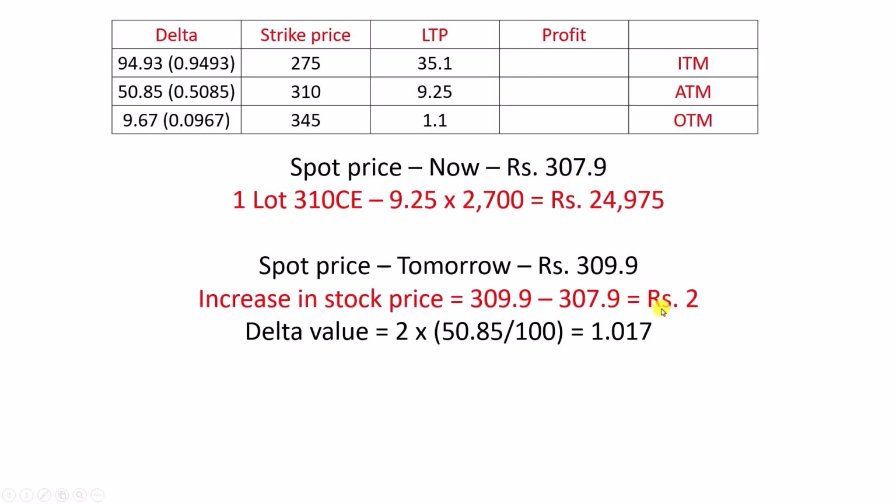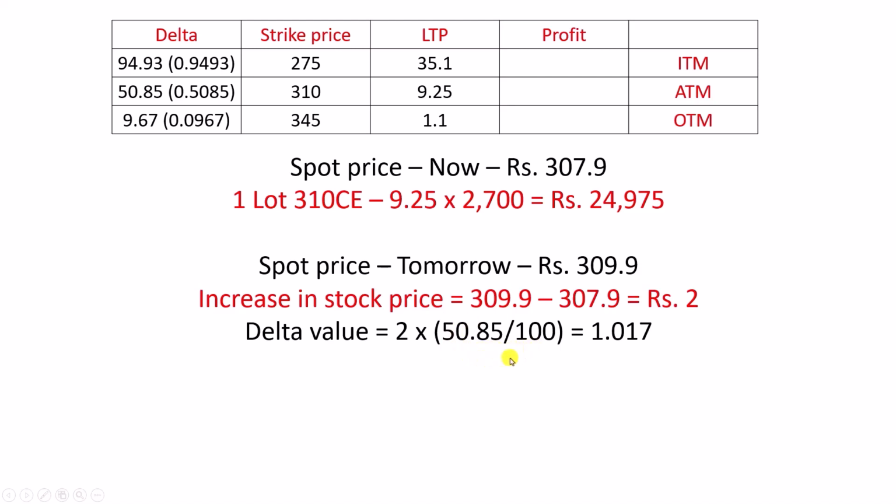But in this case, it has moved by 2 rupees. So 2 into this value divided by 100. Why did I do this? I am converting this into decimal, that's all. This is for 100 points, and I want it for 1 point or 1 rupee. That is why I am dividing it by 100.